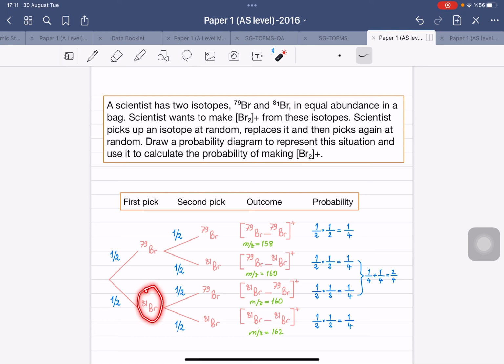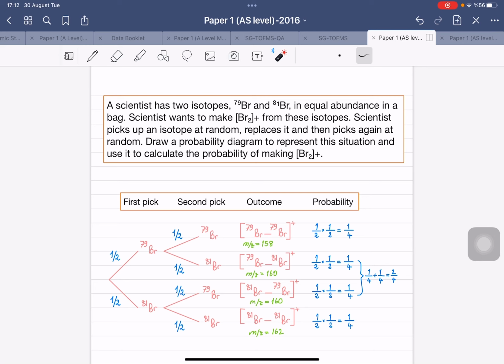This also has a probability of 1 out of 2. To make the Br2 1+ ion, I have to do a second pick.